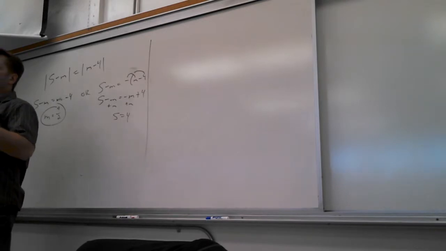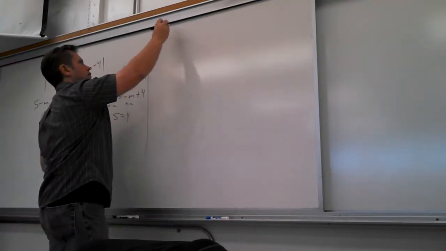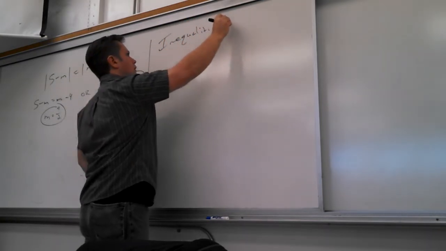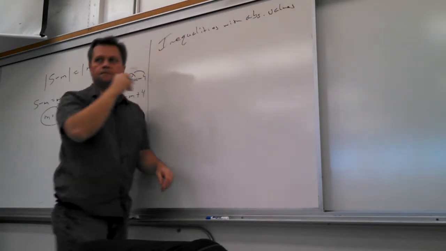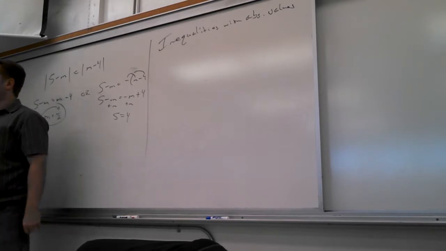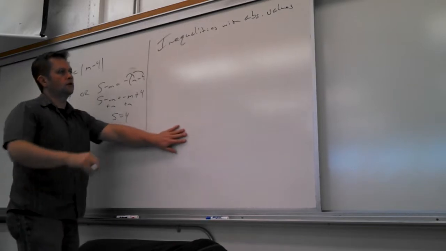So, inequalities with absolute values. Is it still 8.5? Yeah, believe it or not. So 8.5 is equations and inequalities with absolute values. Very quick title for a lot of stuff, actually.